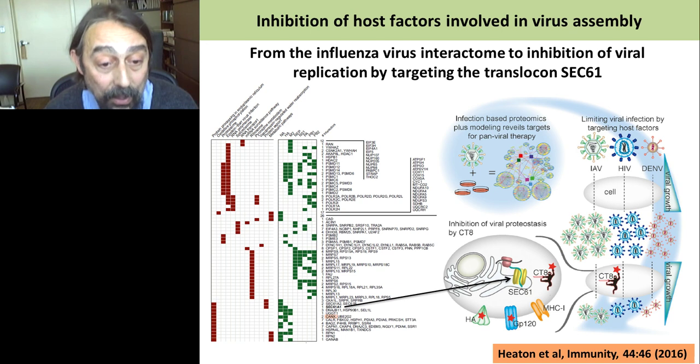And there is an inhibitor called CT8 that can be used against this particular protein. When we use this inhibitor, we're able to inhibit replication not only of influenza virus, but also of HIV and dengue, without affecting the host. So that could be a potentially good inhibitor that will be able to fight against multiple viral infections, not only influenza.